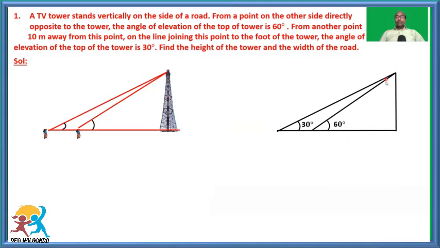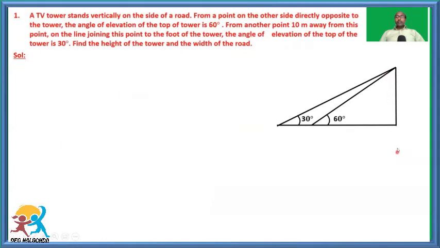Now take the top of the tower as A and the bottom of the tower as B. Points of observers are C and D, and here we have a 90 degrees angle. CD is 10 meters. The distance between the observation points is 10 meters. The height of the tower is not given, so consider it as h.